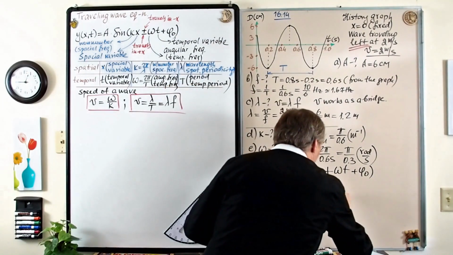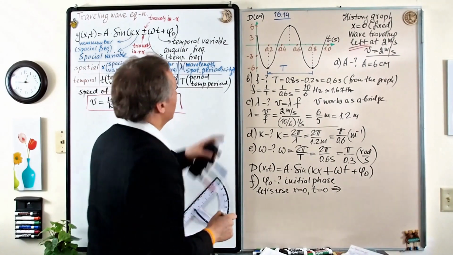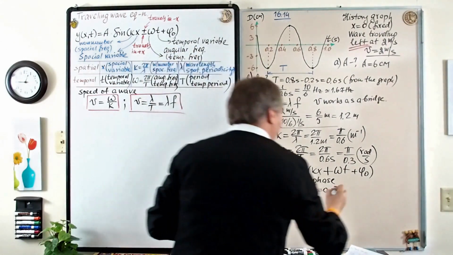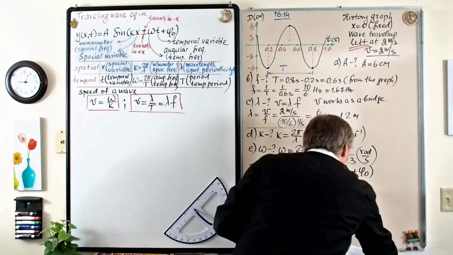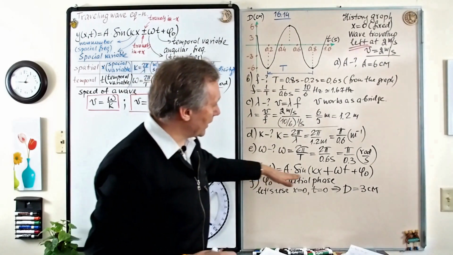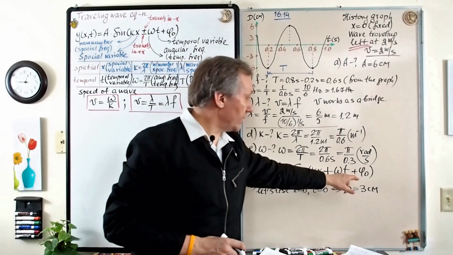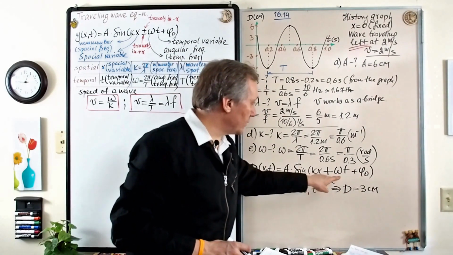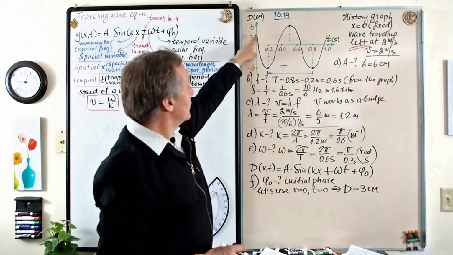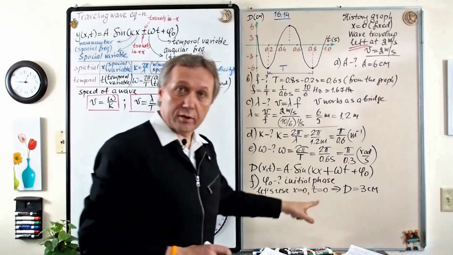And at these x and t, d is 3 centimeters. d equals 3 centimeters. So now we just need to plug into our equation and find phi naught, because x, t, amplitude we know, d is also known at this particular moment of time.